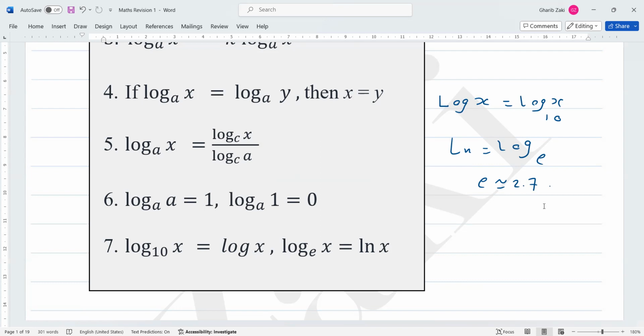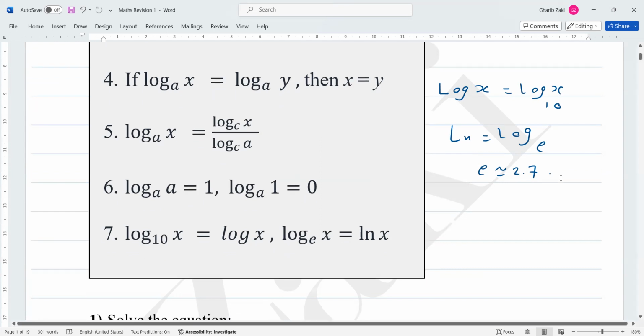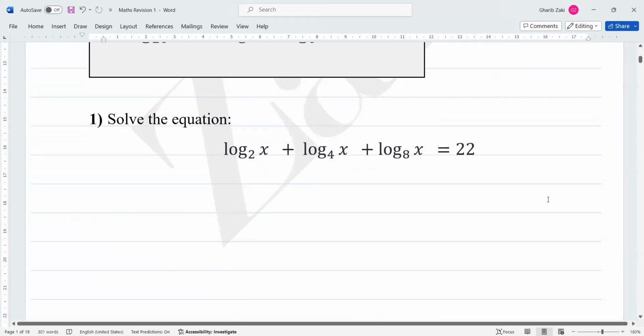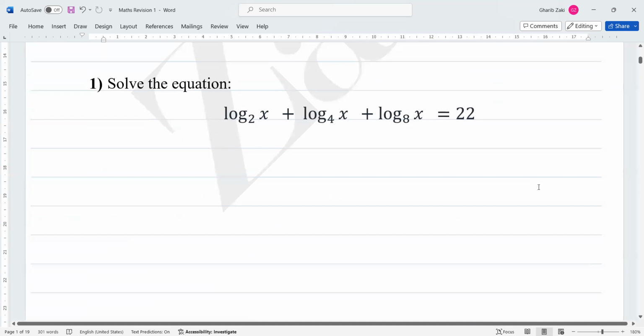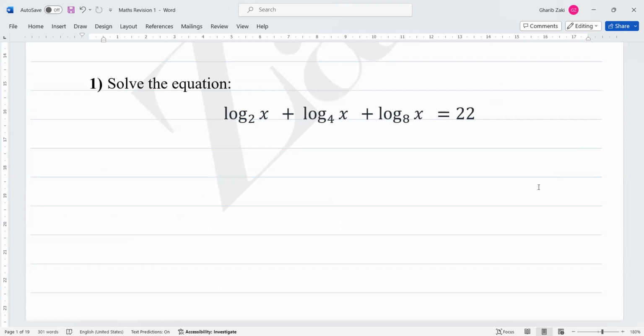I give you time to solve, about 2 minutes, and then I solve with you. Start question number 1. Solve the equation. Think of that equation, please. Solve, it means find the value of x.